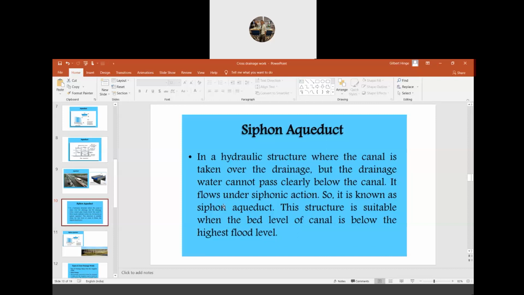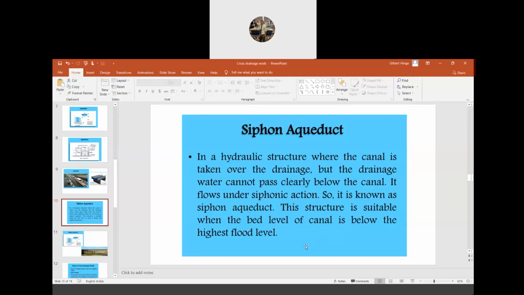It is because the bed level of the canal is below the highest flood level. If you remember, in case of the aqueduct, there is a sufficient gap between the highest flood level of the river and the bed level of the canal. That is in case of the aqueduct.